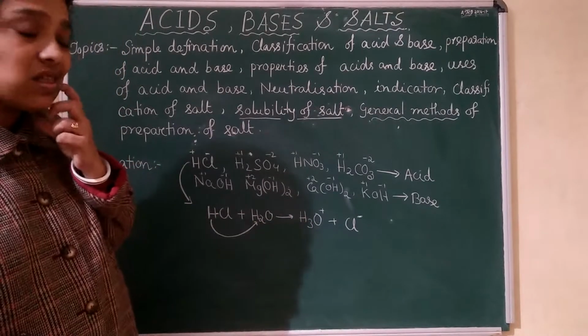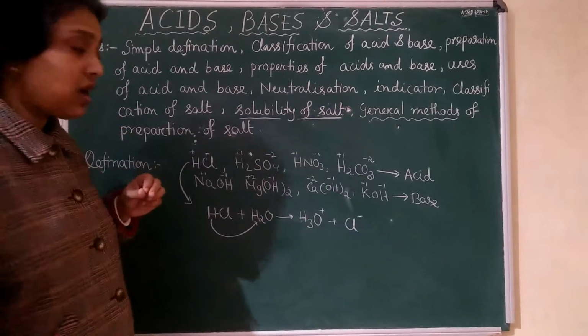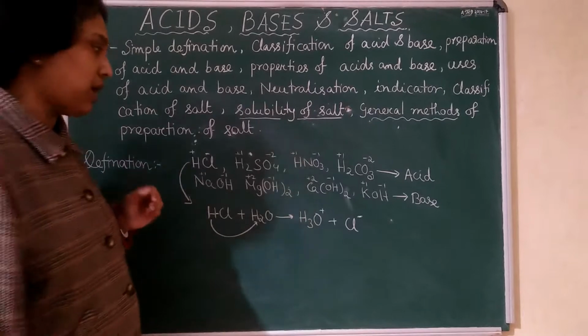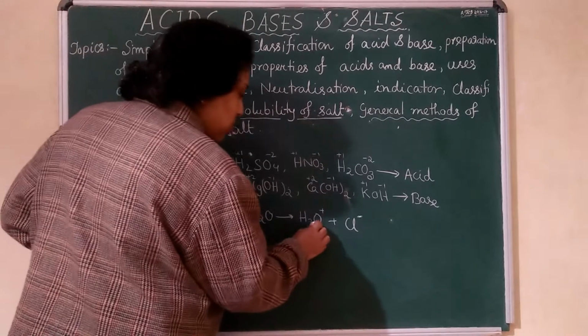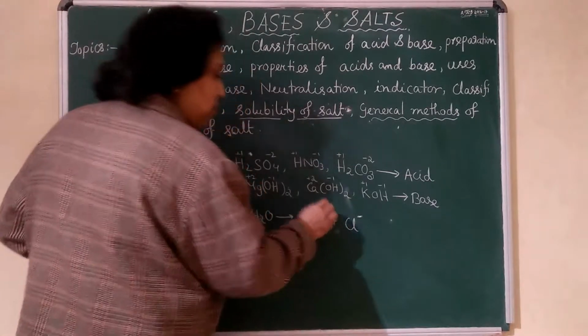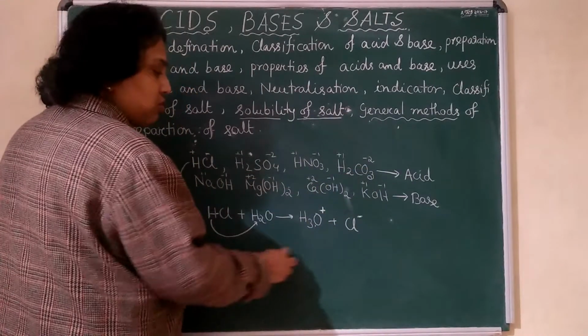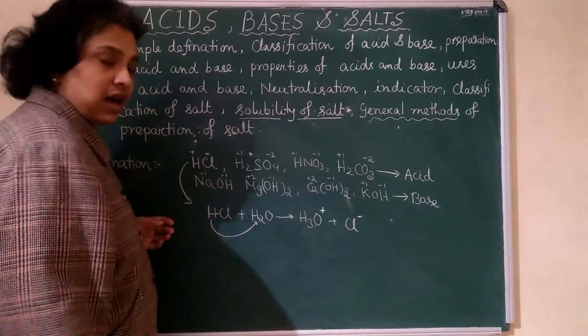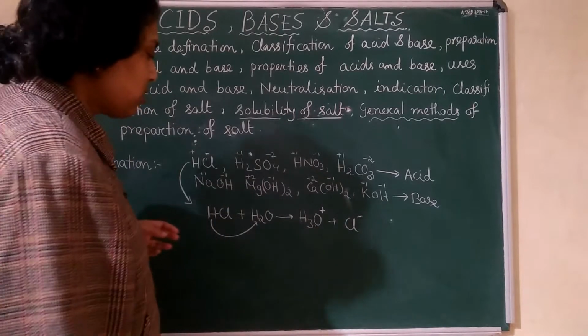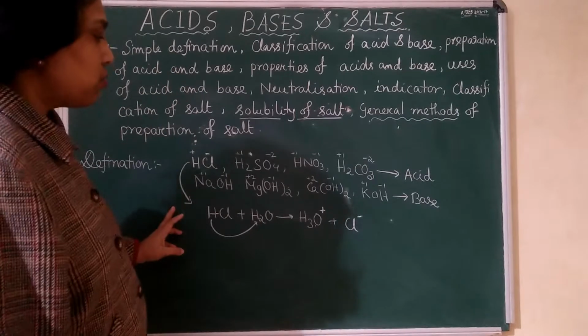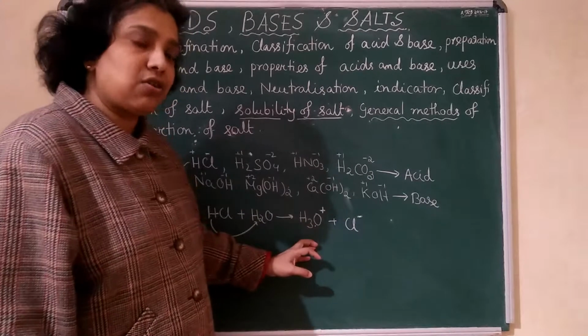You have drawn this in the chemical bonding chapter, how a coordinate bond forms in the hydronium ion. This is a positive ion. So the acids are those which give H plus ion or hydronium ion. That is the simple definition.